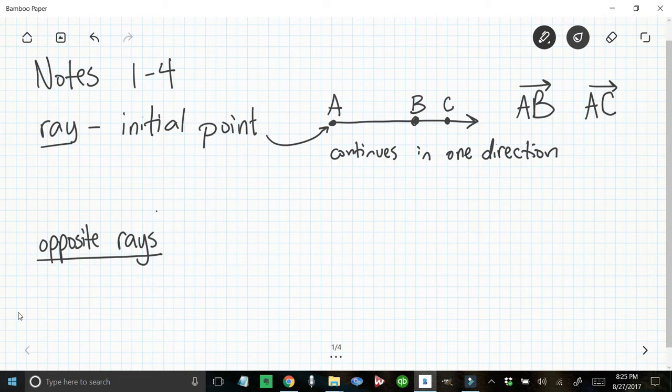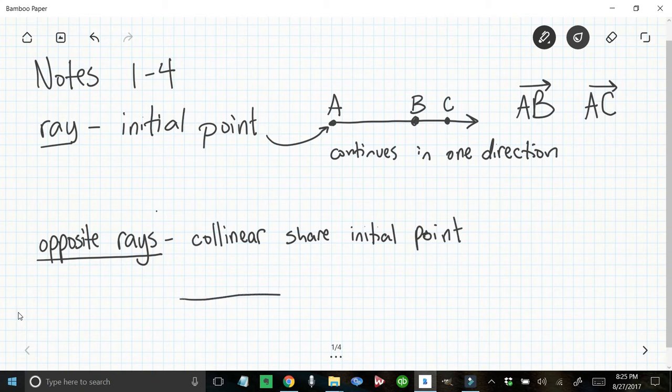The next thing would be opposite rays, and opposite rays we need to know are collinear, and if you remember what that means, they're on the same line, so they're collinear and they share an initial point. So if you're drawing a picture of this, it's probably easier to draw a straight line, or as best of a straight line as you can do.